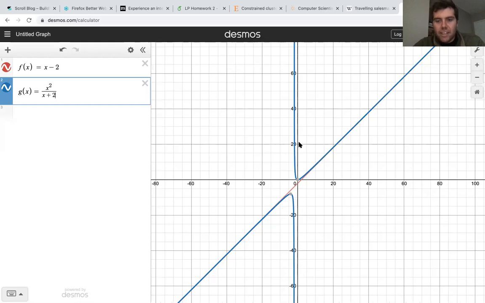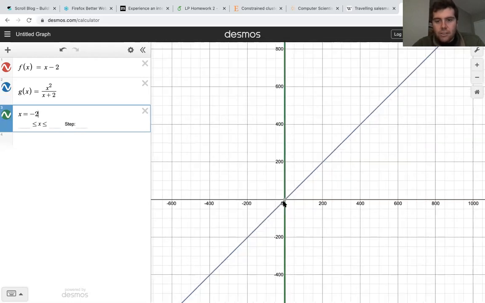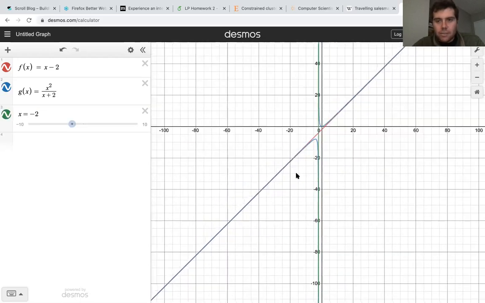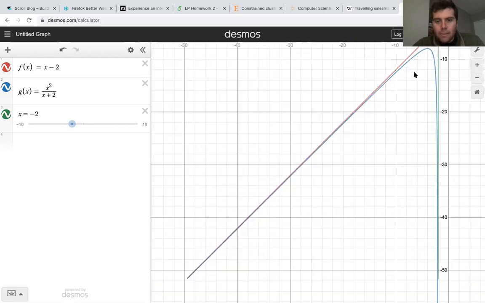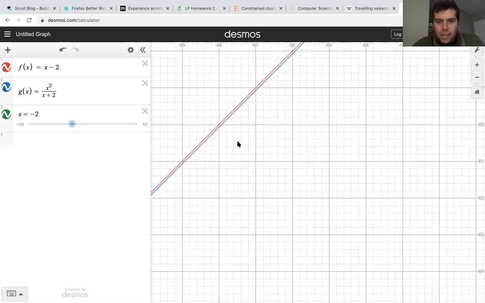We're approaching negative infinity and positive infinity. In fact, let's even put in our vertical asymptote, x equals -2. We can see pretty clearly that we're approaching it. And then for these large values of x, our two functions, the f of x and the g of x, look almost identical. But as we zoom in, we see that they're a little bit different. And as we pick a point far out, we can zoom in.